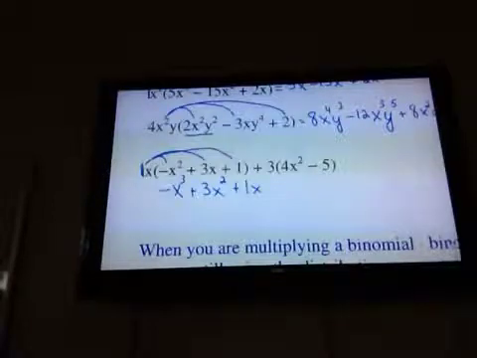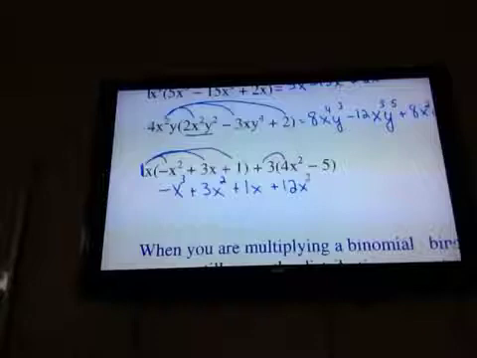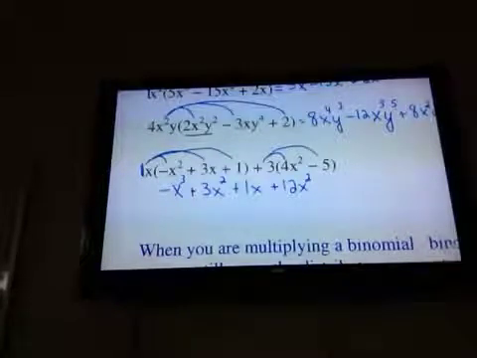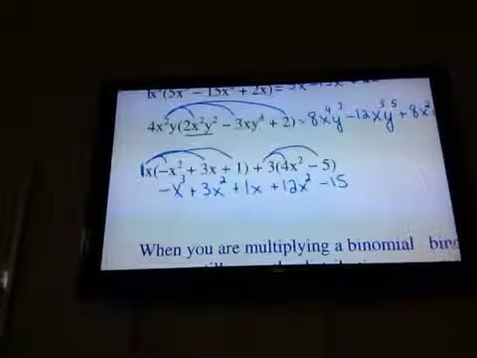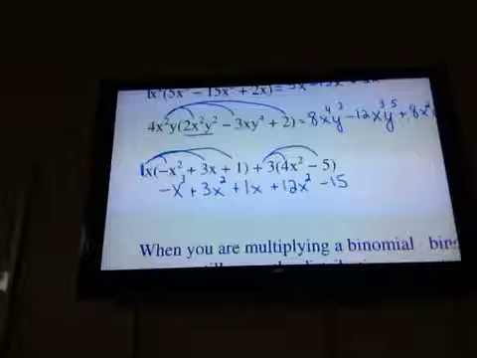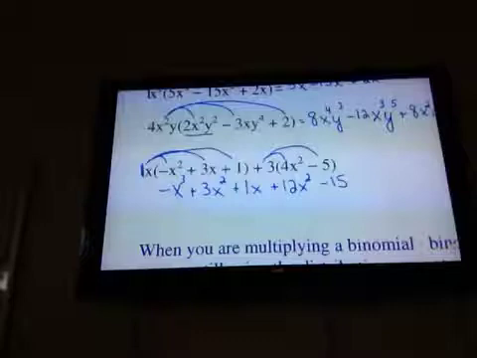2 sets of distribution. Positive 3 times positive 4 is positive 12. And my x squared comes down with that 12. And then positive 3 times minus 5, minus 15. Now, because we did two sets of distribution in the one question, there's possibly some like terms.